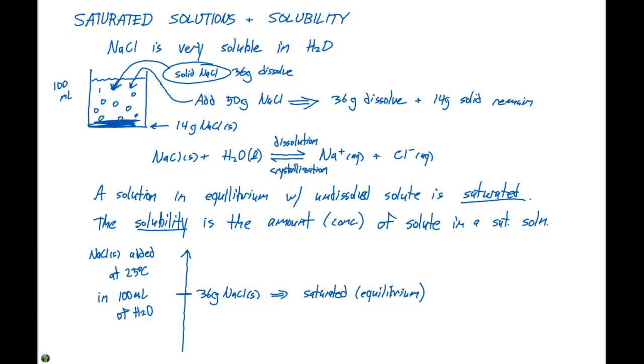The rate of the solid dissolving is going to equal the rate of the crystallization step. So we're at equilibrium right here. Anything below this is going to be unsaturated, and we're only going to have ions in solution. There's going to be no solid present.